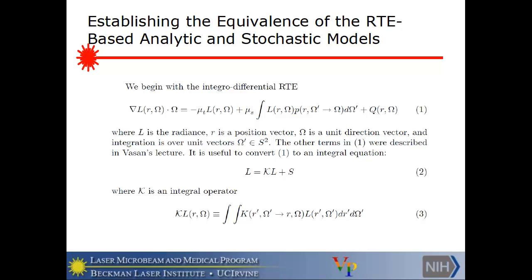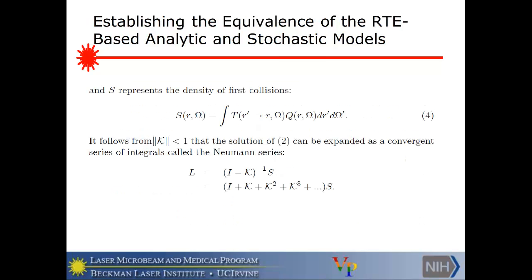And so does this series that I'm deriving. It follows from this fact, and it can be rigorously shown, that this series of integrals, called the Neumann series, is in fact the usual way we find the solution of a Monte Carlo problem.